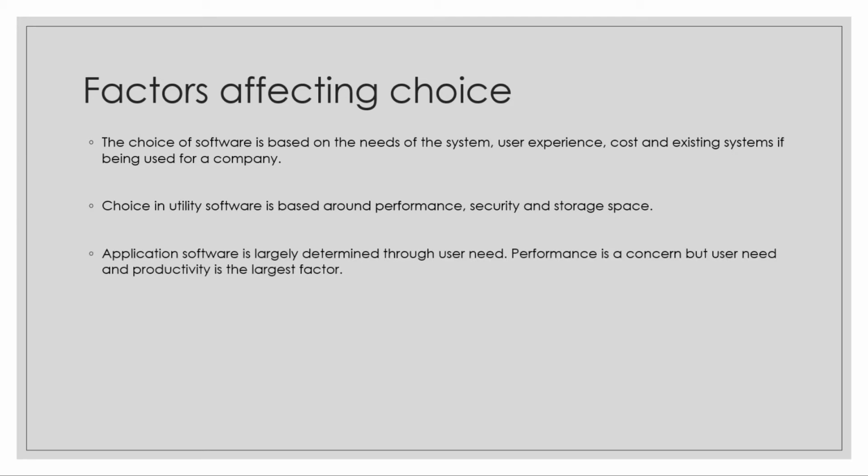Application software is determined through what they need it for. Performance is a concern, but user need and productivity is the largest factor. If you have a company that has employees that don't know how to use this new fancy piece of software that is really good on performance, like say they change from Windows systems and move to Google systems, but they don't know how to use the Google systems, it could be disastrous because you'd have to train all your staff.